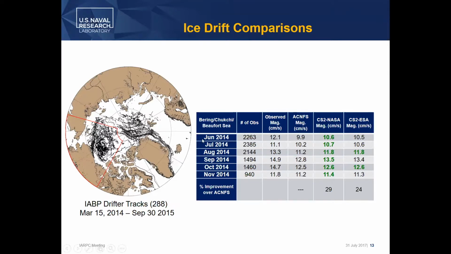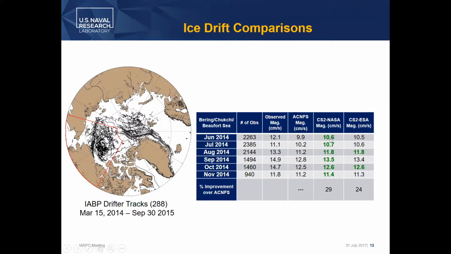And so this table shows you by month, starting June through November, the number of OBS available, and the observed magnitude based on those OBS, and it's in the ballpark of about 11 to 13, 14 centimeters per second. Here's our Arctic CAP drift, and these are the drifts from either the NASA or the ESA initialized, and the green again shows you the best performer.